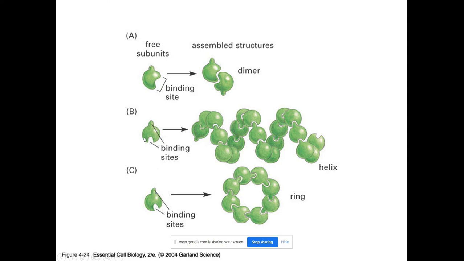In figure B also you can see a different shape of structure, a different type of protein which has a different structure. There are two binding sites here, and different subunits can bind, those which have a compatible structure.